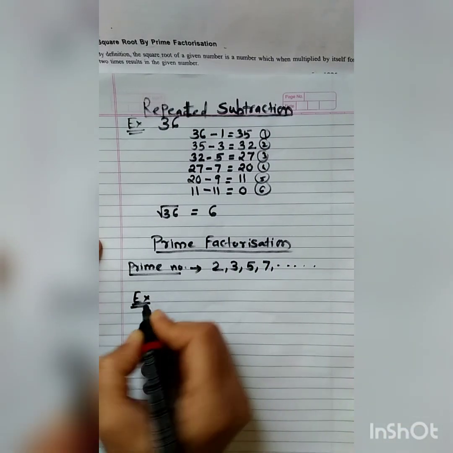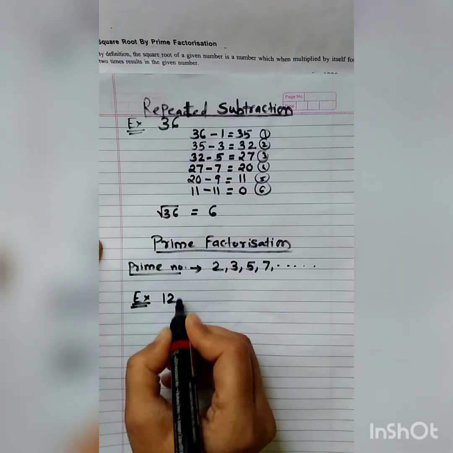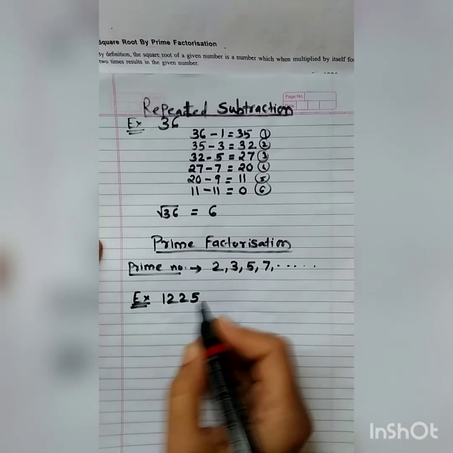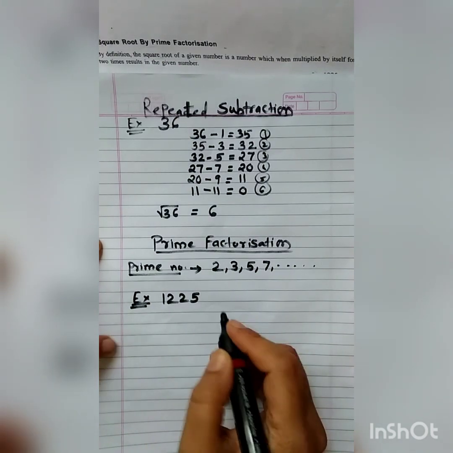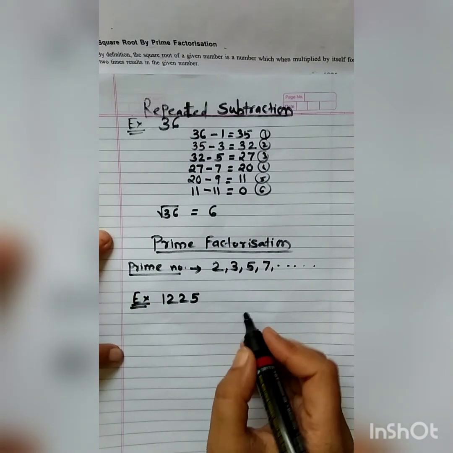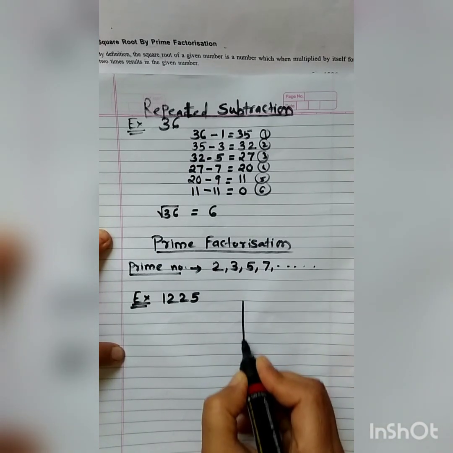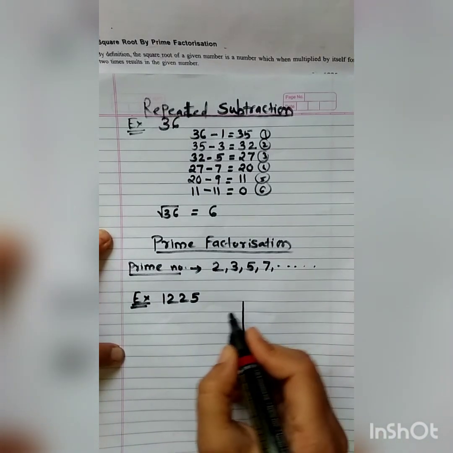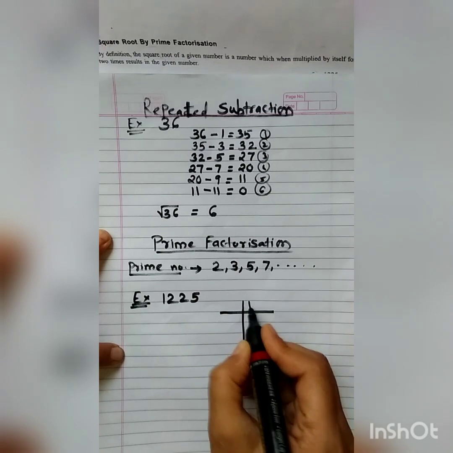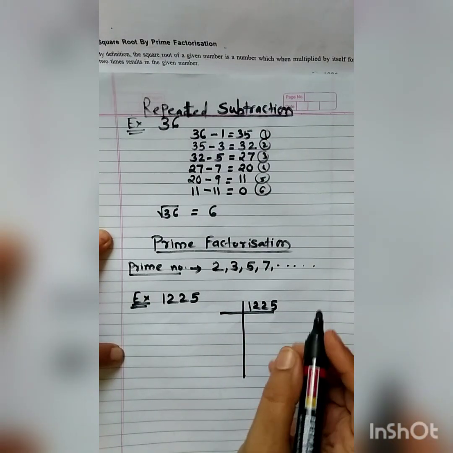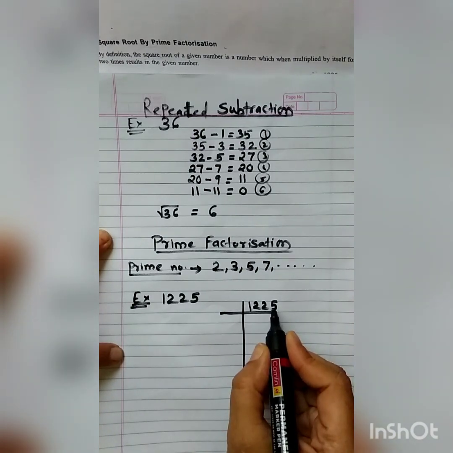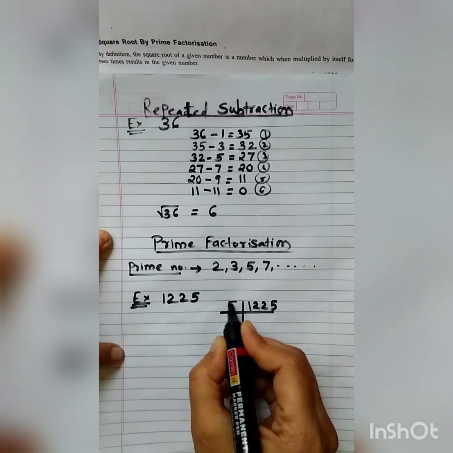Now take an example. The number is 1225. We have to find the square root of 1225. Just as for LCM we use prime factorization, the same we are using here. The number 1225 ends with 5, so it is divisible by 5.